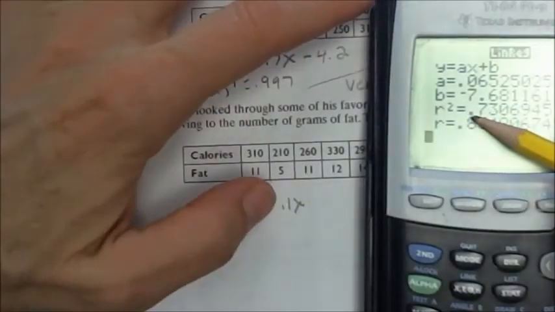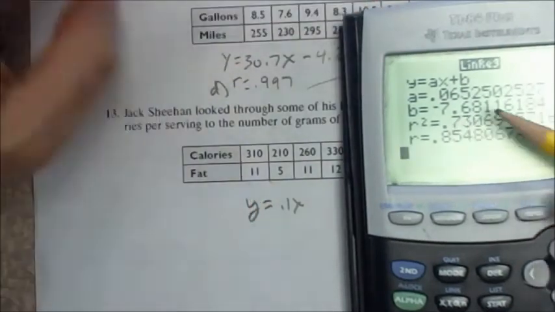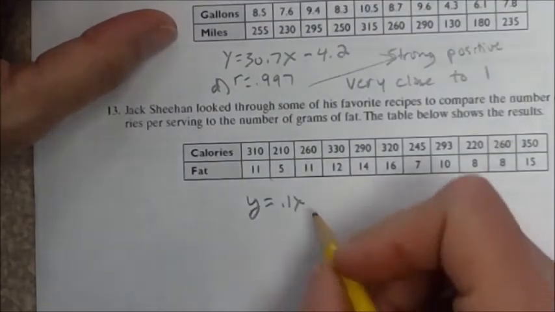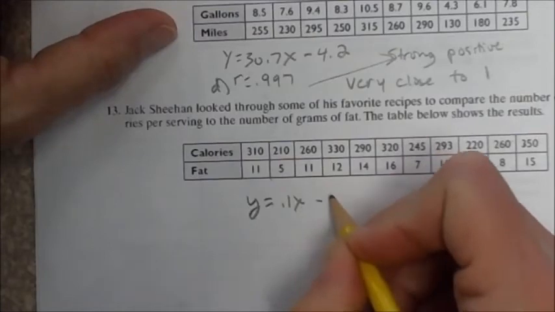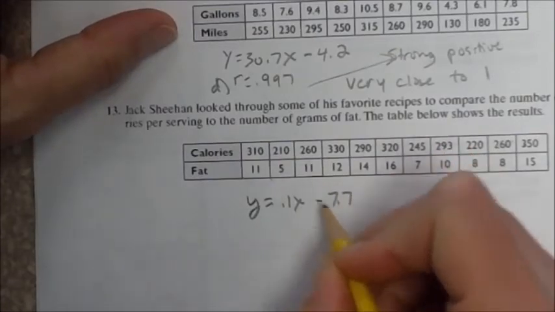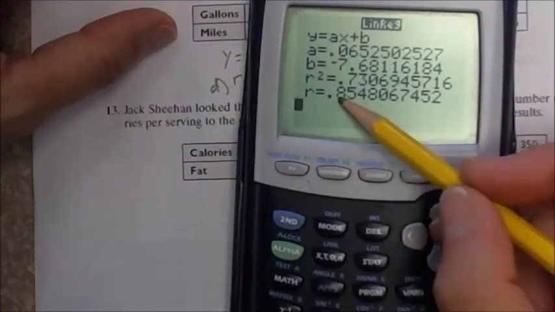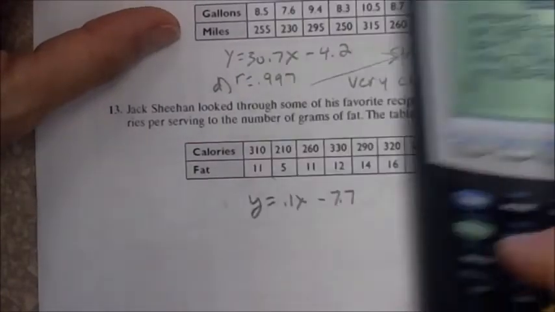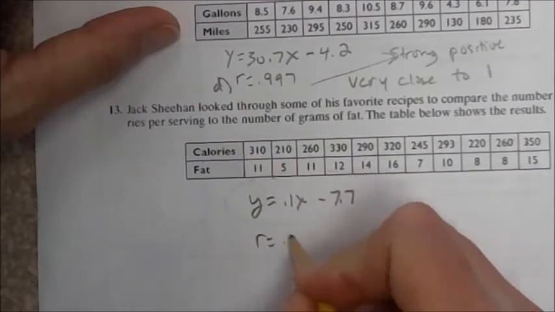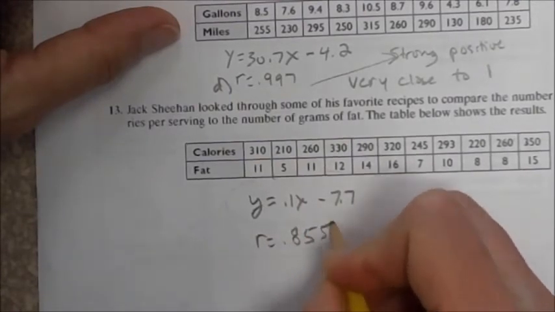And then the b value again is negative 7.7 if I round that. So y equals 0.1x minus 7.7. That would be the regression equation. The r value is 0.855. R is equal to 0.855 if you round it.